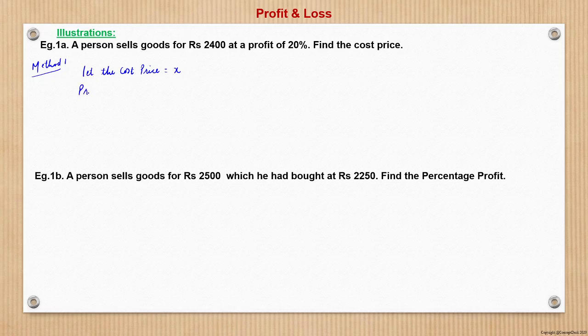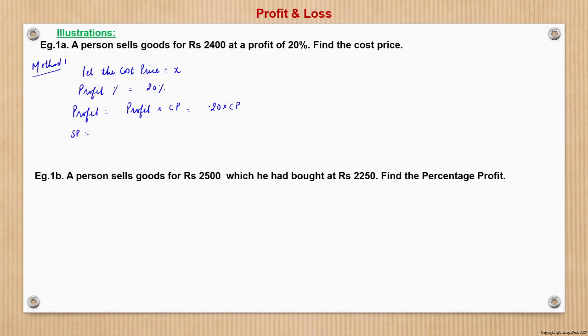Profit percentage is given as 20%. So what is the profit? Profit will be nothing but profit percentage into CP, which is 0.20 into CP. This we can write, right?